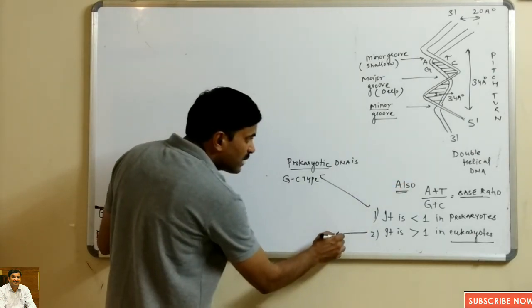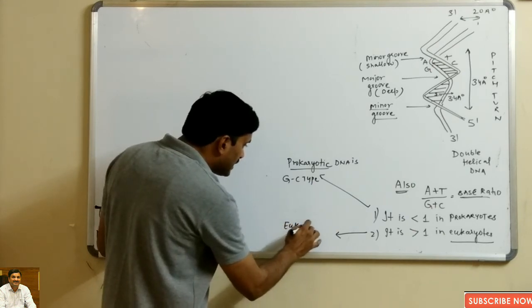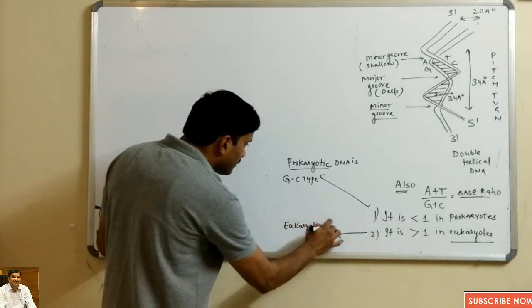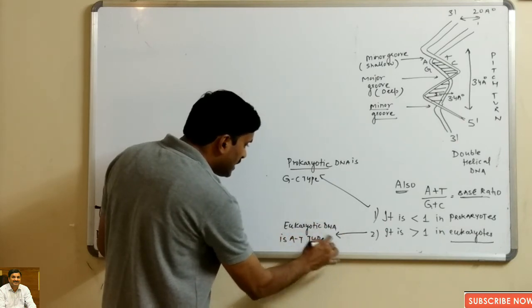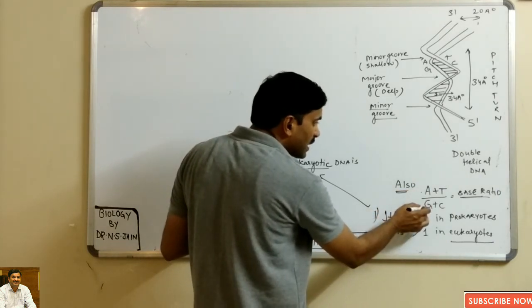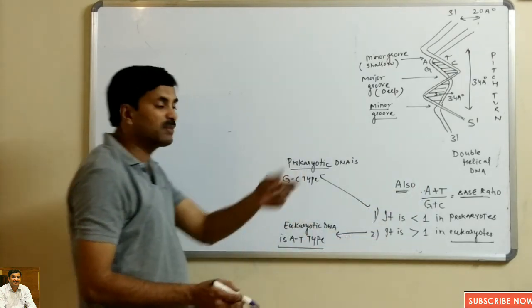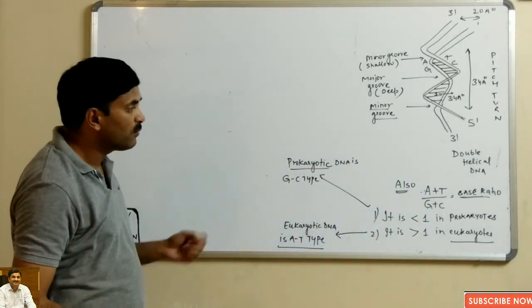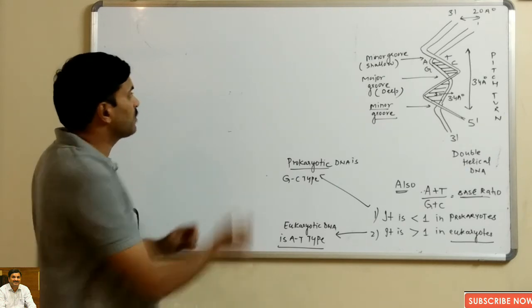While in the case of eukaryotes, the eukaryotic DNA is AT type. So what will be the impact? The upper value will be higher and the lower value will be lower. So when we divide the upper value, we will get 1 point something, which will always be more than 1. So Chargaff's rule says A plus T upon G plus C is equal to the base ratio.